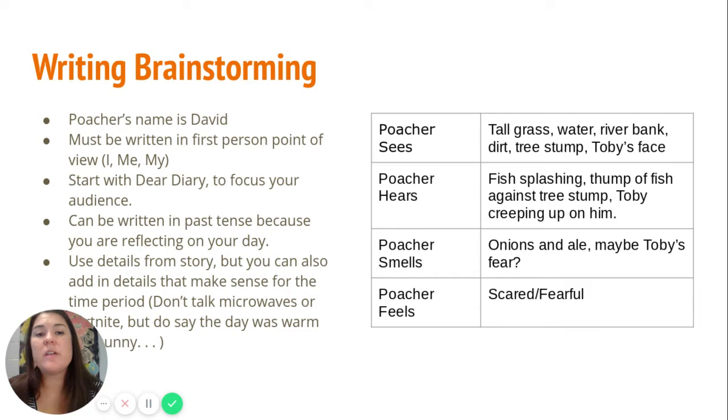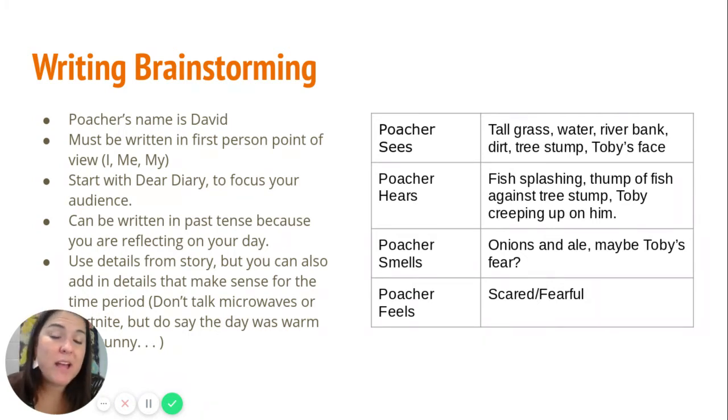The poacher's going to hear that fish slapping, the thump of the fish on the tree stump. Toby's going to be creeping up on him. Maybe he hears the crunch of the grass. There was a comment of Toby's where he said that he smelled onions and ale on his breath. So maybe the poacher smells the same thing. Maybe that onions and ale that he ate is making him sick to his stomach, and now he's thinking, oh, I wish I hadn't eaten that.